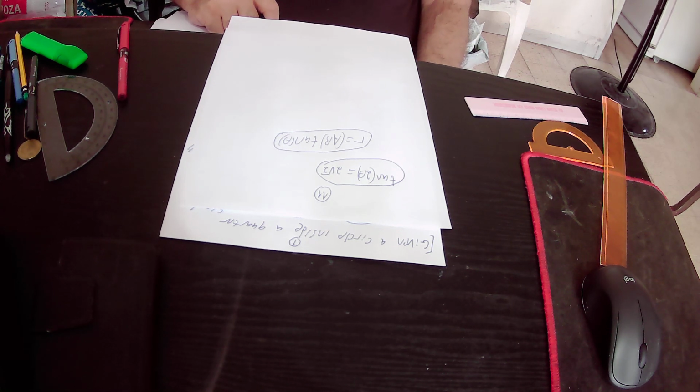And we found out only the value of tangent 2 theta, so in order to find the value of tangent theta from tangent 2 theta, I will present to you a new trigonometric identity.